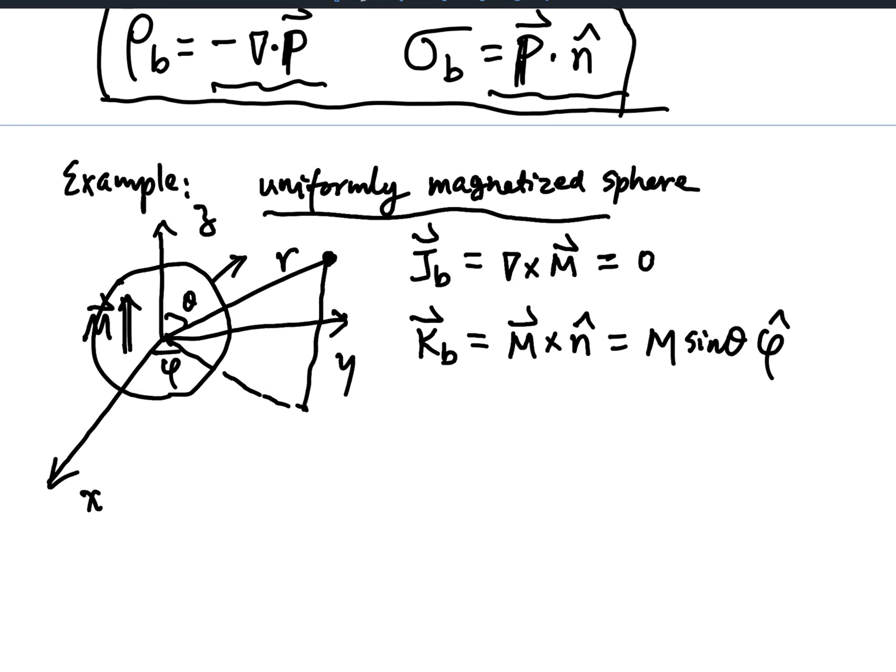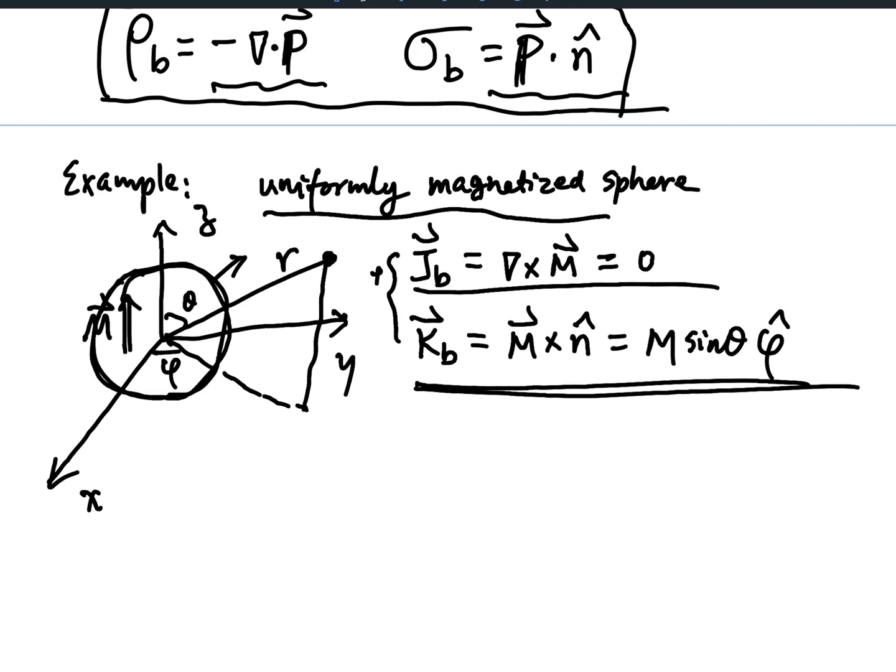So for this magnetized object, the vector potential will be equal to the vector potential of these two added together. Since this one is 0, we only need to care about this bound surface current.